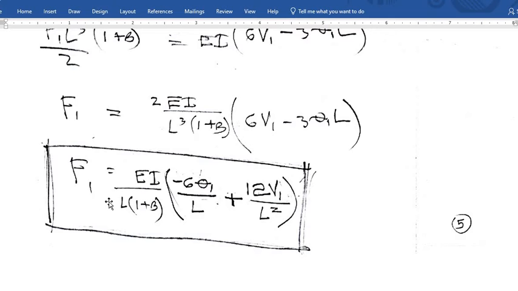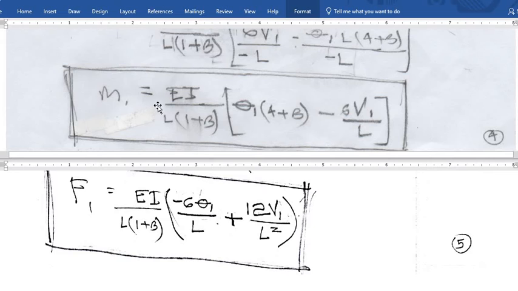Common yan kay M1. Ito siya, no? So, M1, EI all over L times 1 plus beta. Ganun din kay F1. And then, ini-rearrange din natin yung terms. Mauuna yung rotation, susunod yung vertical displacement V. Ganon dito kay M1. Nauna yung theta 1 or rotation, sumunod yung vertical displacement V1.